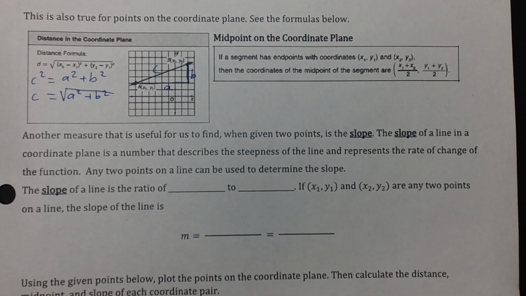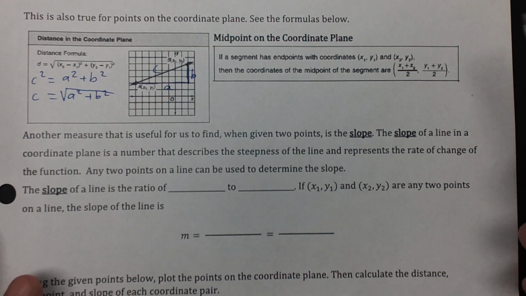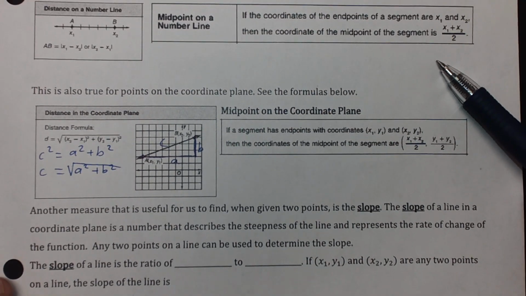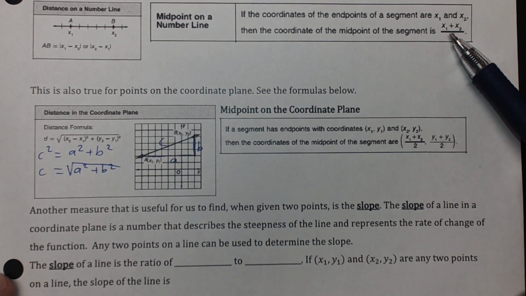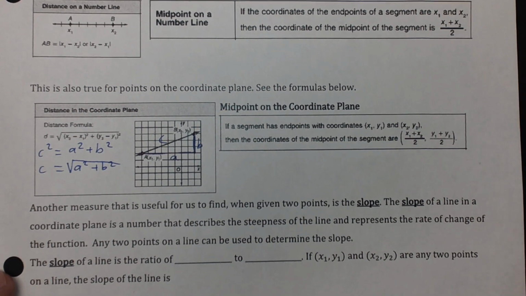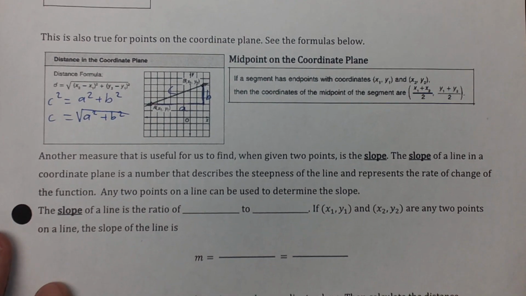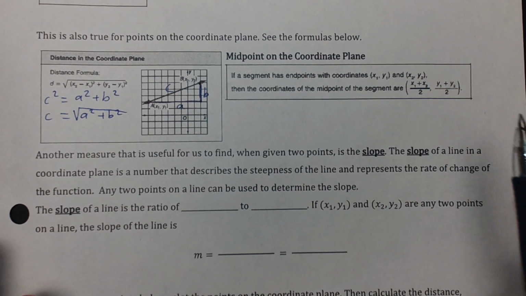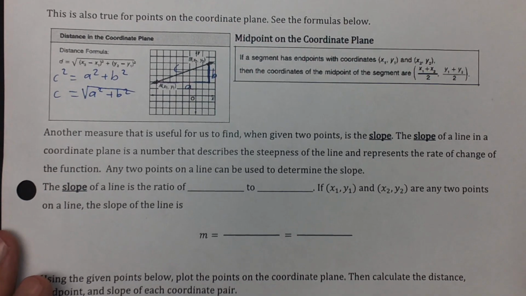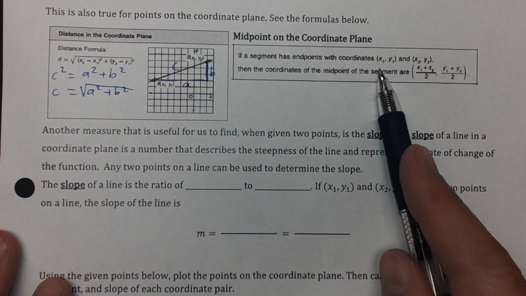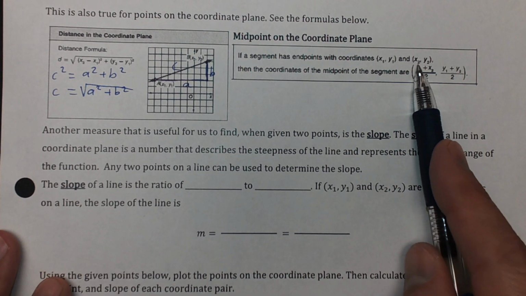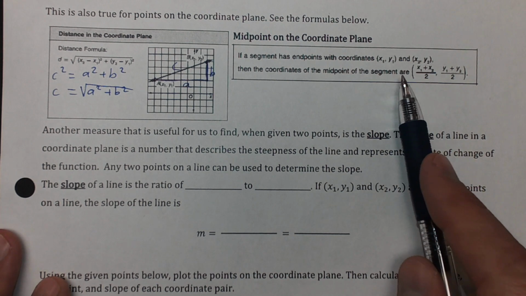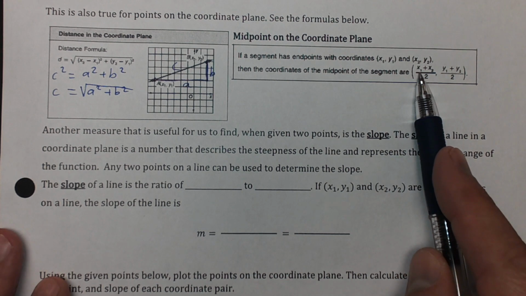And how about the midpoint on a coordinate plane? Before, for the midpoint, we took the average of the x values. So we added them up and divided by 2. We're actually going to do the same exact thing, but we need to treat the x's and y's separately. So if we have 2 points, x1, y1, and x2, y2, to find the average of the x's, we do exactly what we did before.